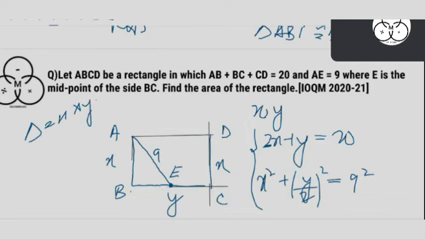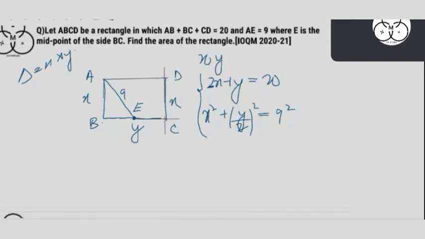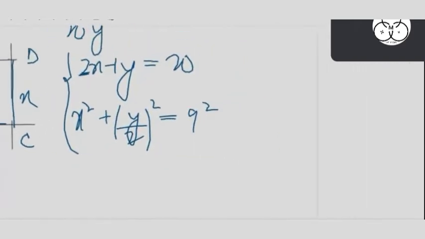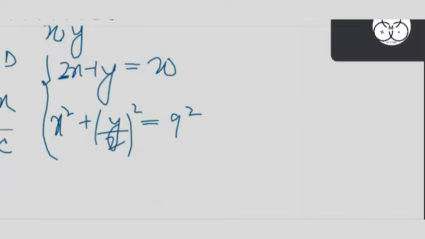I didn't think that I need to solve it any more, because after this it is only calculation. How to do this calculation? Okay, fine. 2x plus y equals 20, and x square plus y square by 4.